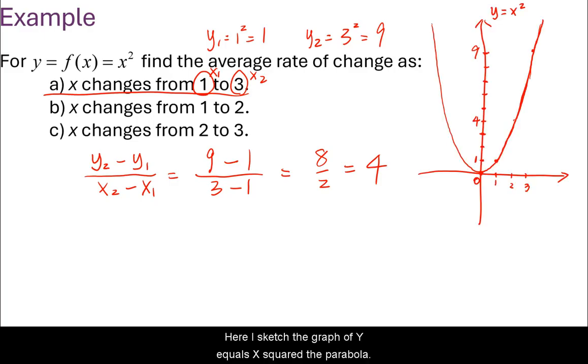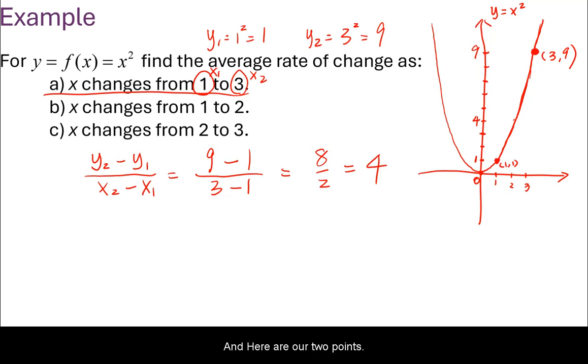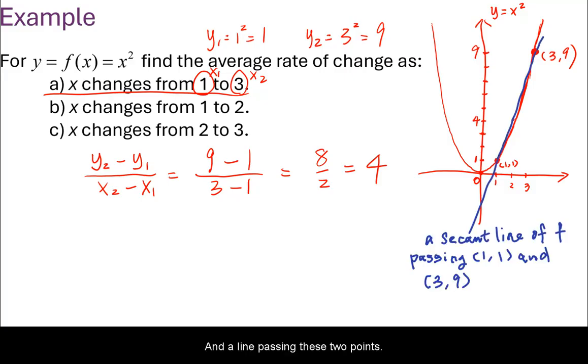Here I sketched the graph of y equals x squared, the parabola. And here are our 2 points, x1, y1, x2, y2: 1, 1, and 3, 9. And a line passing these 2 points, we call it a secant line of f.